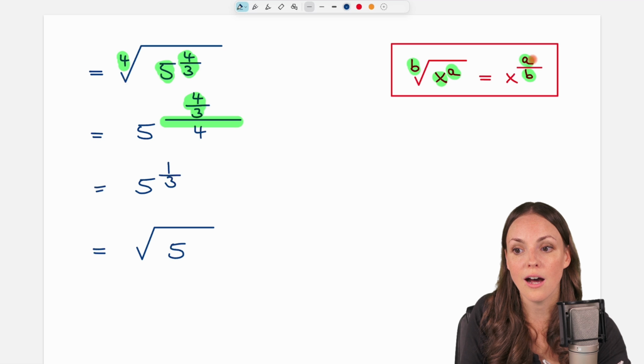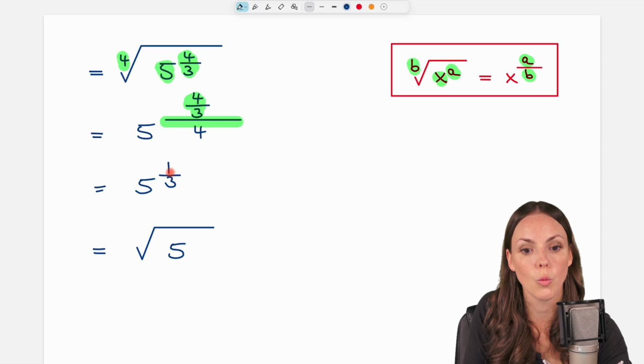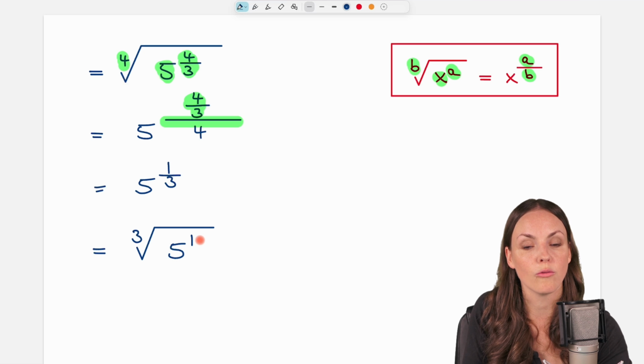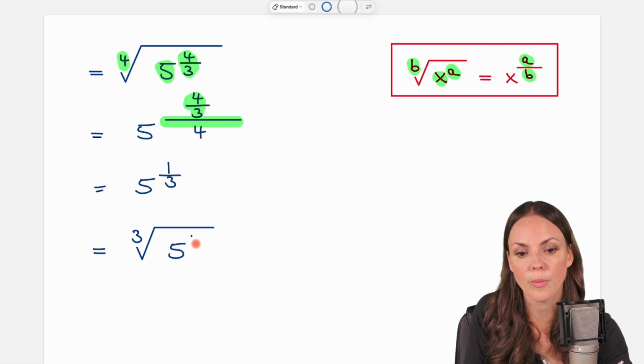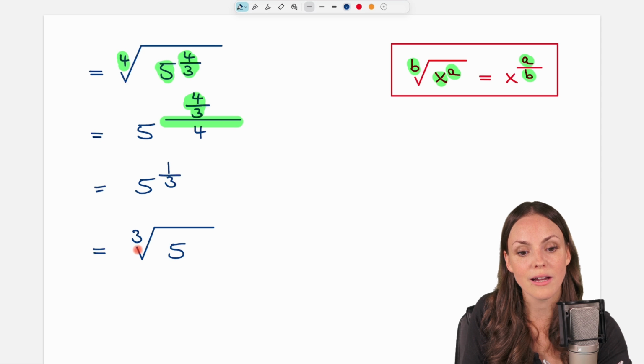What we have on top here is our a, so our exponent, which is the 1 here on top. This goes here. And our b is down here. This will be our index, so the 3 is here. 5 to the power of 1, we don't need this to the power of 1. But we have the cube root of 5 as a final result.